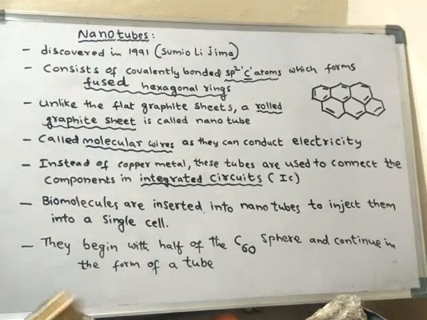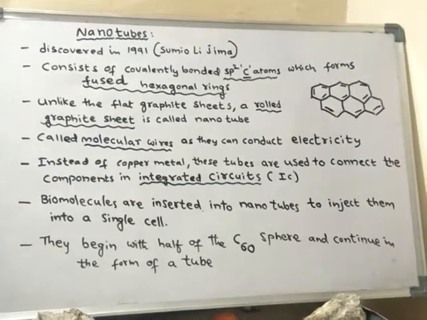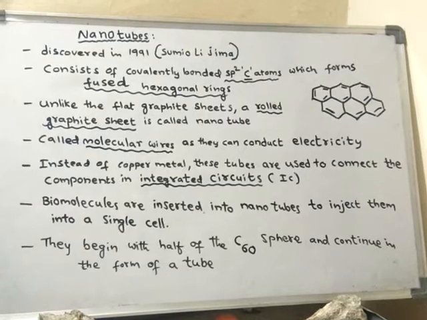Now let us learn another allotrope of carbon, which is called Q carbon.